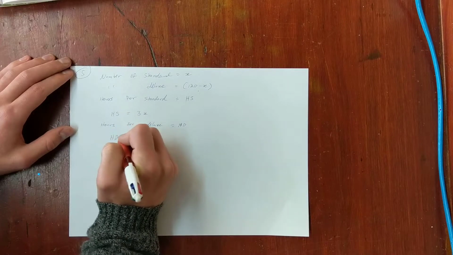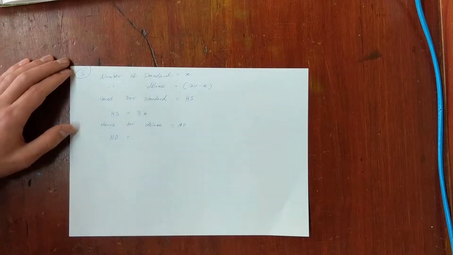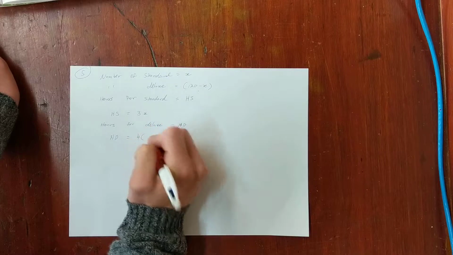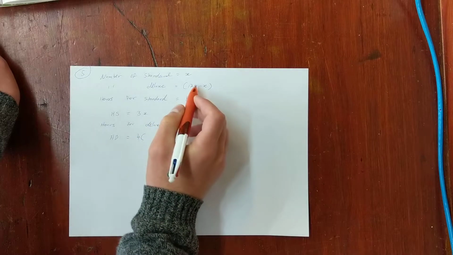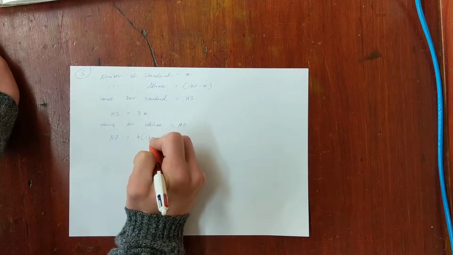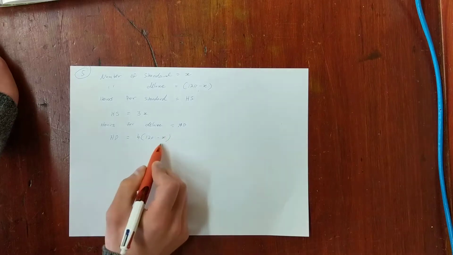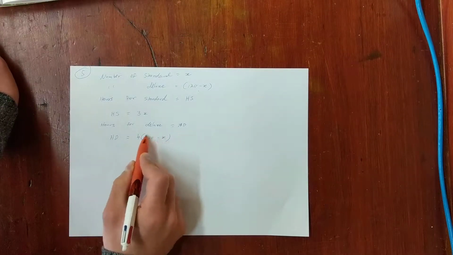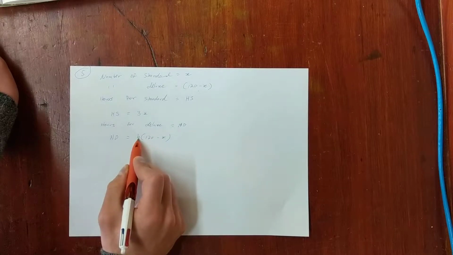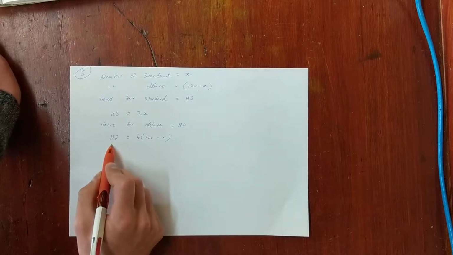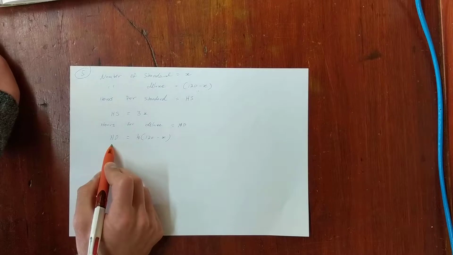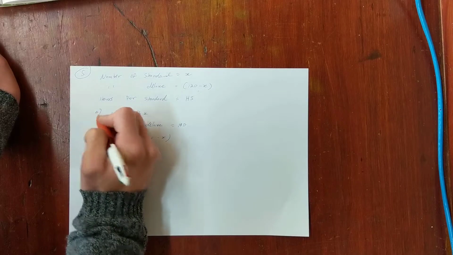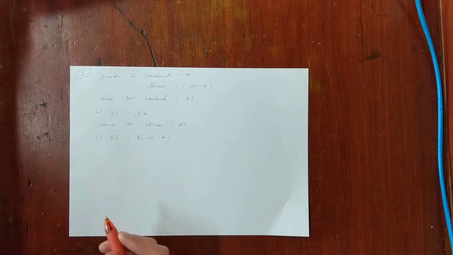And the hours for deluxe, well, the question said it took 4 hours for each one, so it's going to be 4, and the number of them was 120 minus x. So this is the number of deluxe chairs we're making, 120 minus x, and if I multiply that number by 4, which is the hour for each chair, I get the total number of hours for the deluxe chairs. So that was question A. This was question B. Now, question C.